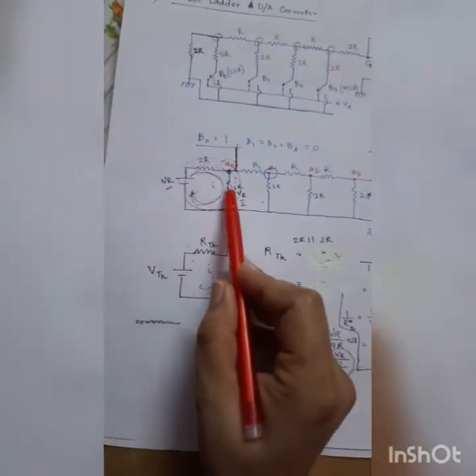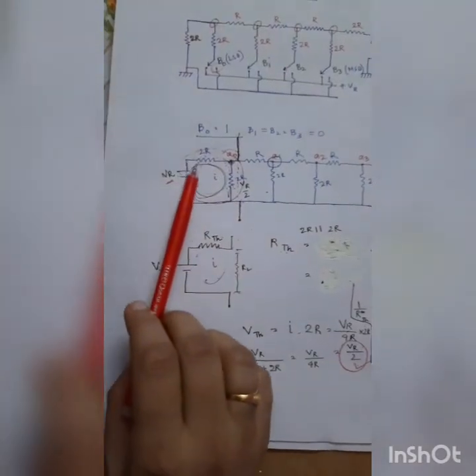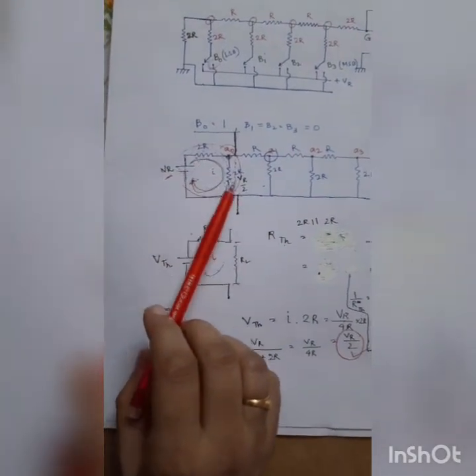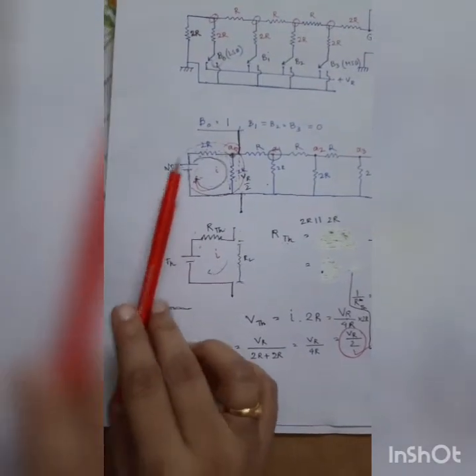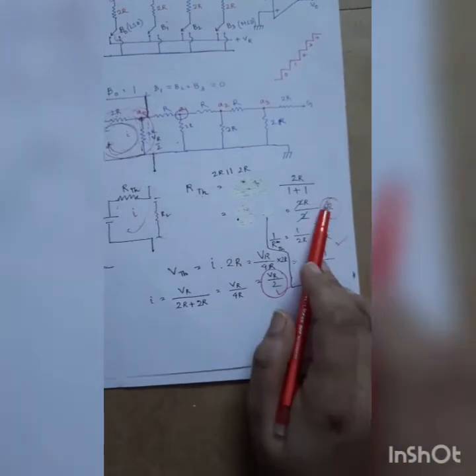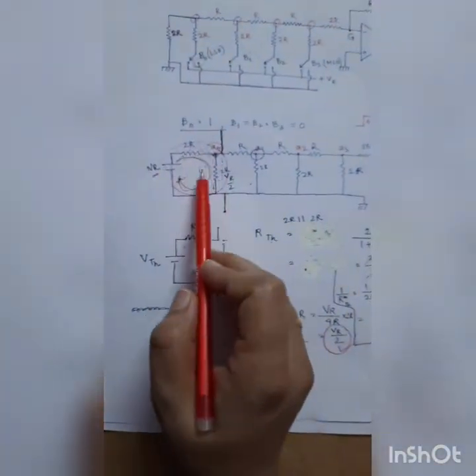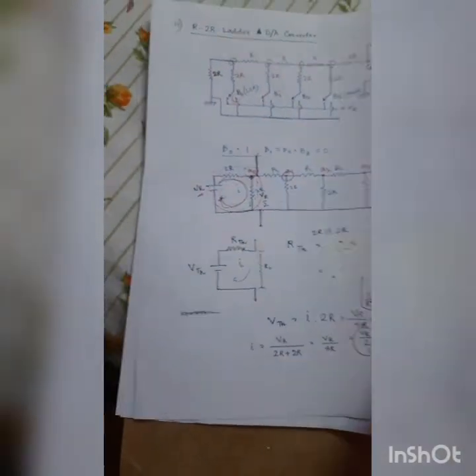We are done with this part. The equivalent voltage and resistance of this part are VR by 2 and R respectively, as we calculated just now.